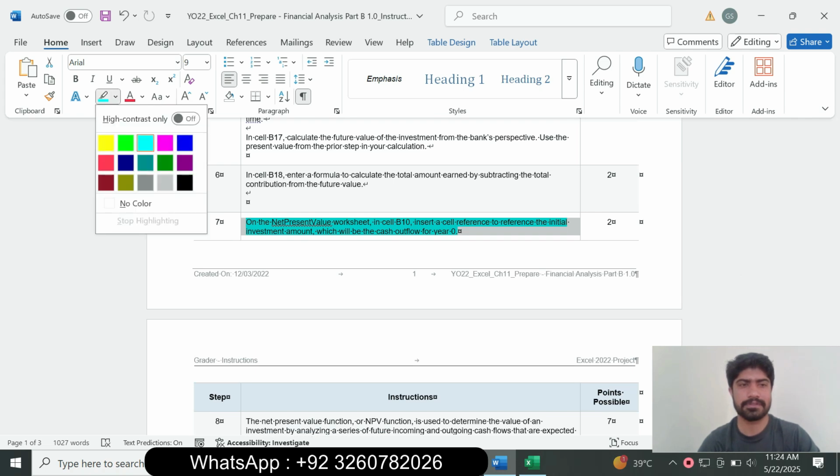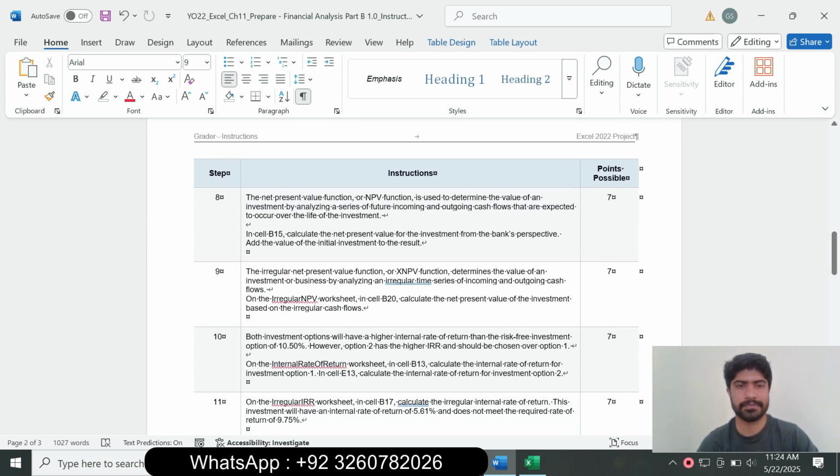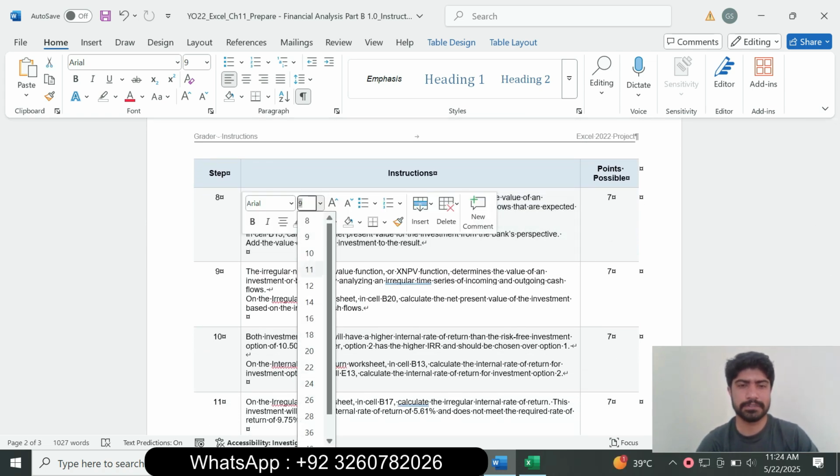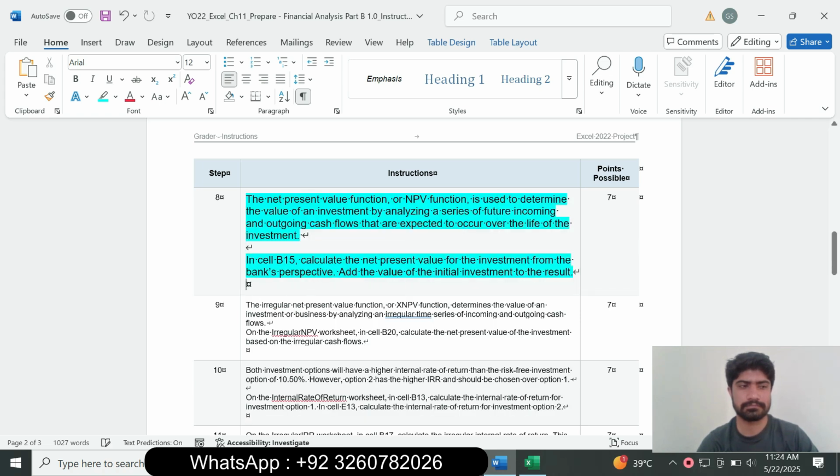and the next question is question number 8. So question number 8 is, the net present value function or NPV function is used to determine the value of an investment by analyzing a series of future incoming and outgoing cash flows that are expected to occur over the life of the investment.